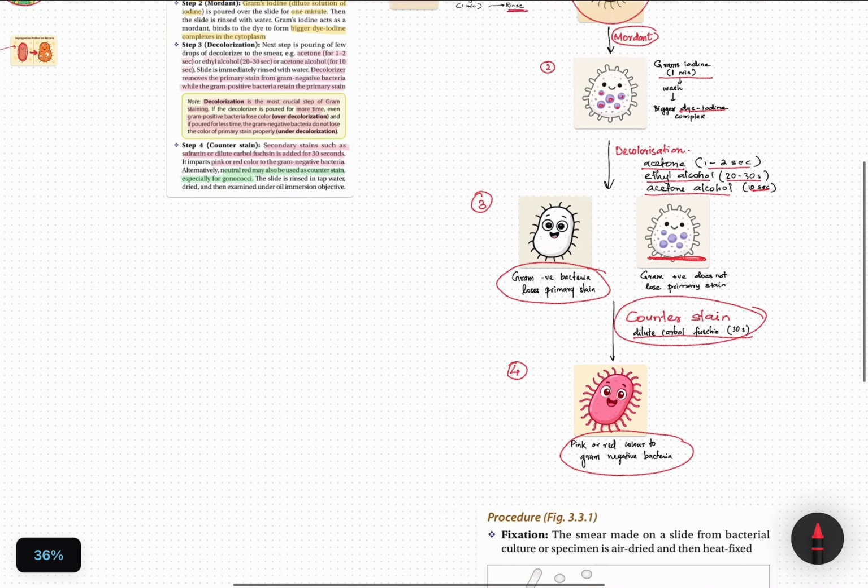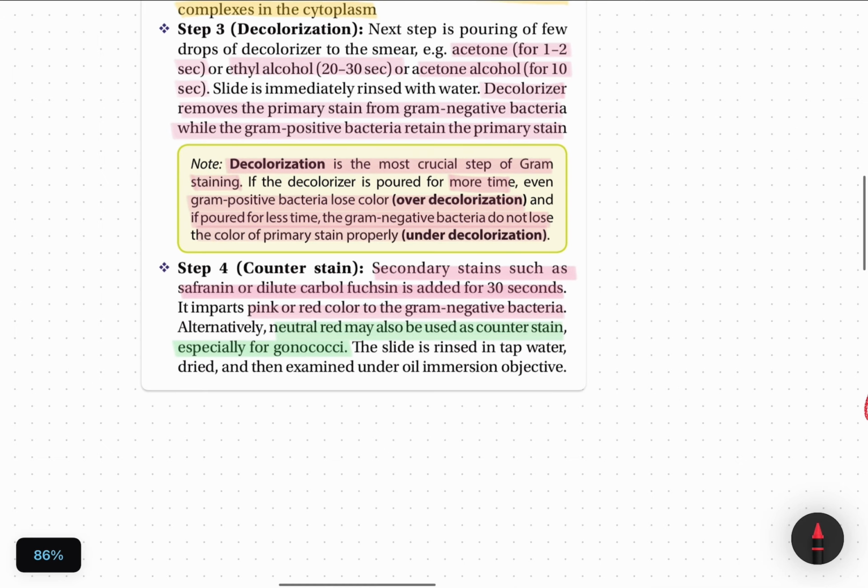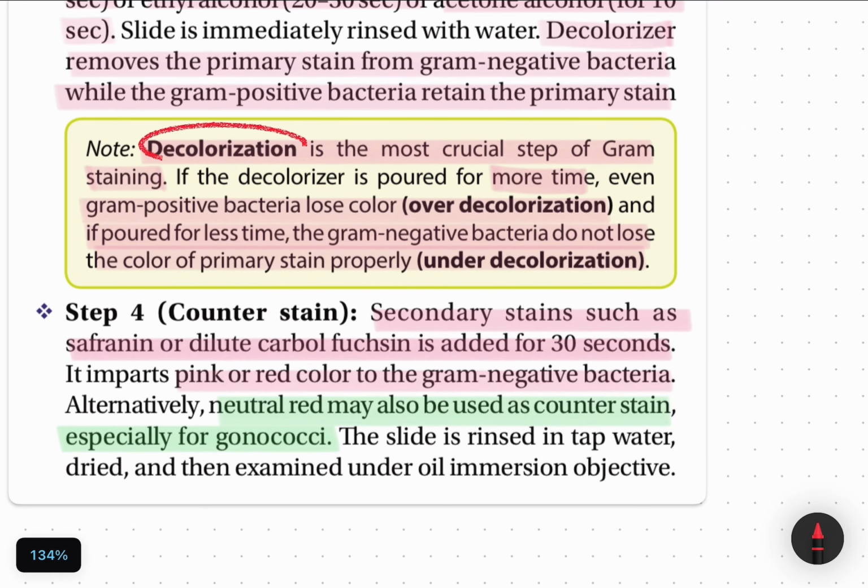Okay, now when you are asked in your viva which is the crucial step, the crucial step for Gram's procedure is decolorization. Decolorization is the most crucial step for gram staining. If you're using the decolorizer for more time, even the gram positive bacteria will lose color. This is known as over decolorization.